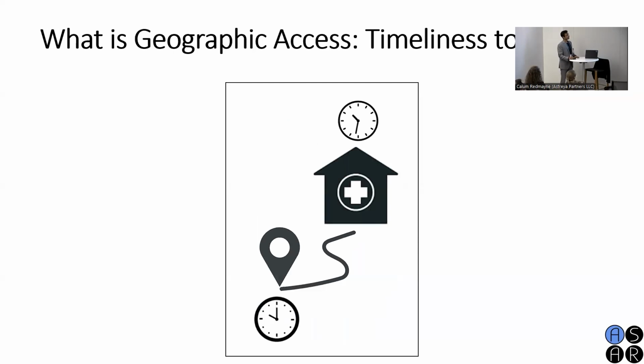But there is another way of looking at access, which is in terms of timeliness. A lot of work on timeliness came out of the Lancet Commission on Global Surgery, where people identified that it's not just the number of facilities that you have in a given region for a population, but also whether those people are able to reach the facility in time or not.